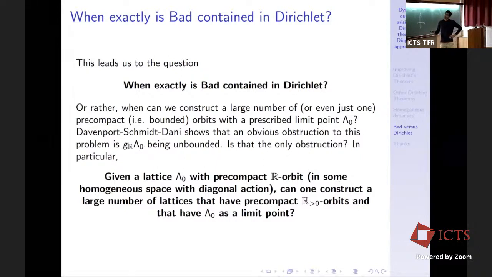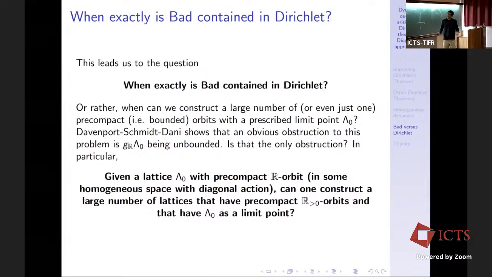So this Davenport-Schmidt-Dani whole number theoretic consideration shows that there's an obvious obstruction. So the question is, when can we construct a large number of precompact orbits with a prescribed limit point lambda naught? If lambda naught has an unbounded R orbit, it's impossible to construct bounded orbits with this limit point.